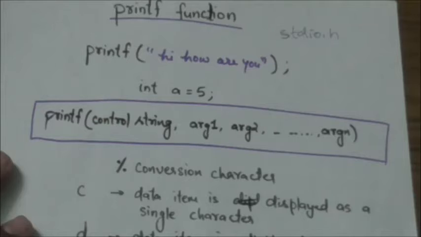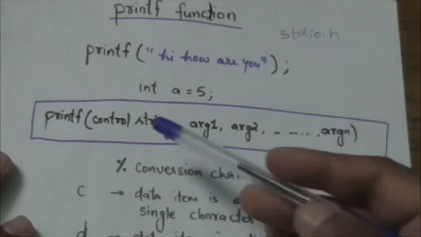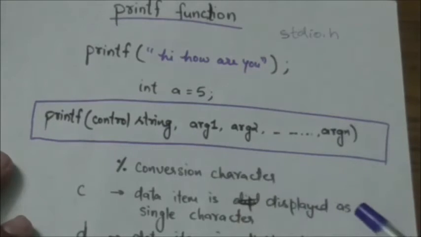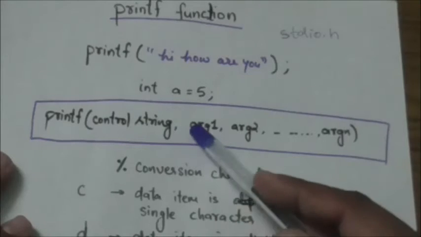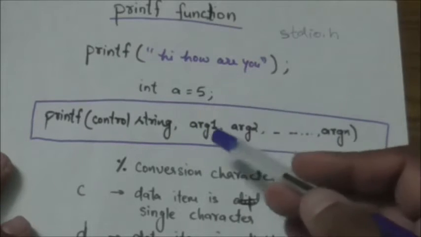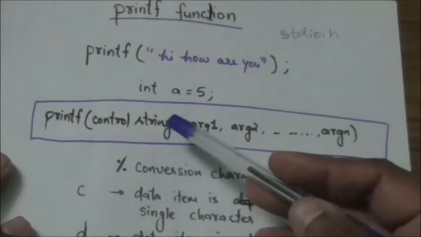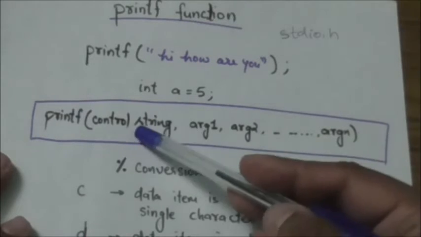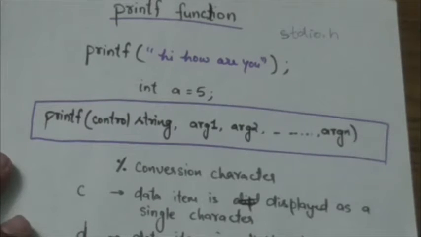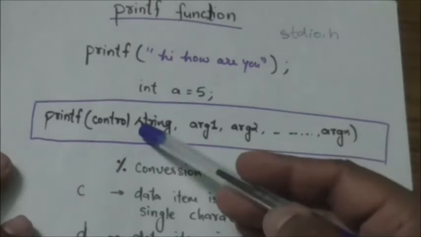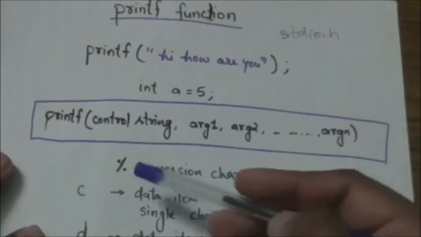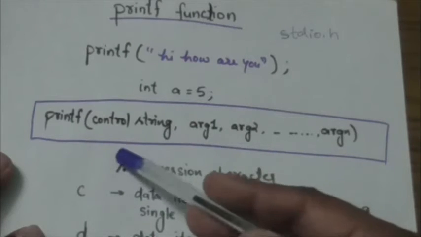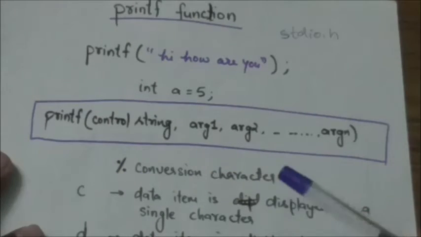The control string contains individual groups of characters. Corresponding to each argument there is one separate character group in the control string, depending on the type of argument. In its simplest form, a character group is a percent sign followed by a conversion character.